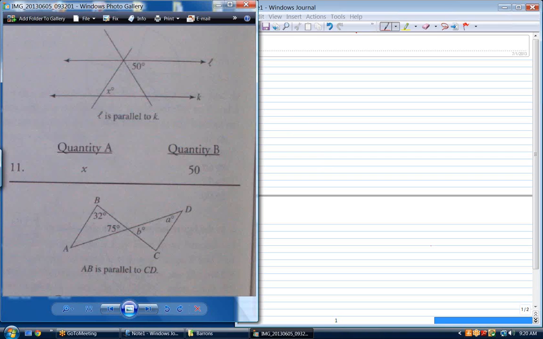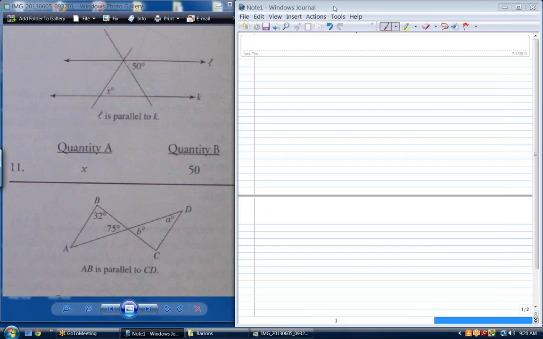Unlike the SAT test, which if it's not drawn to scale, they have to label it as such. If it's drawn to scale, they don't need to. So that matters. Okay. Here we have line L is parallel to K.